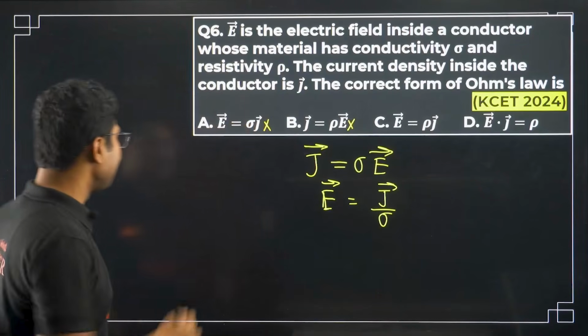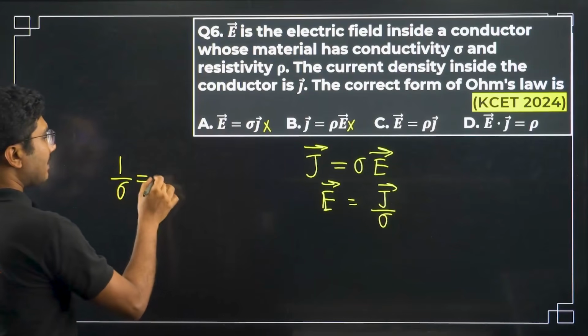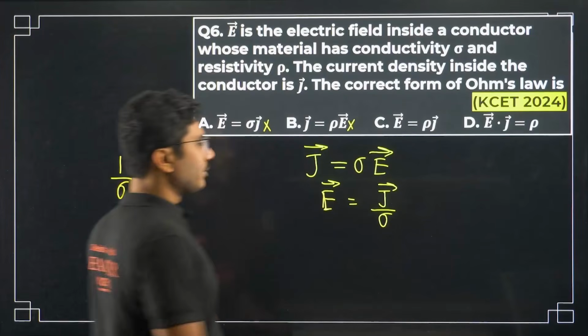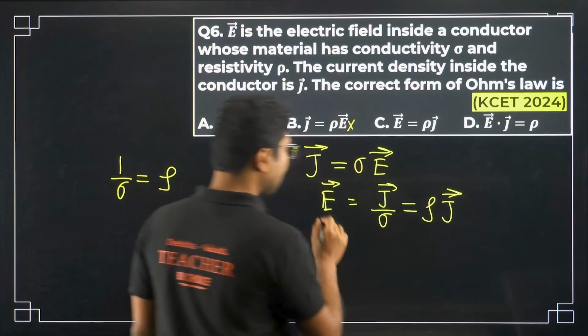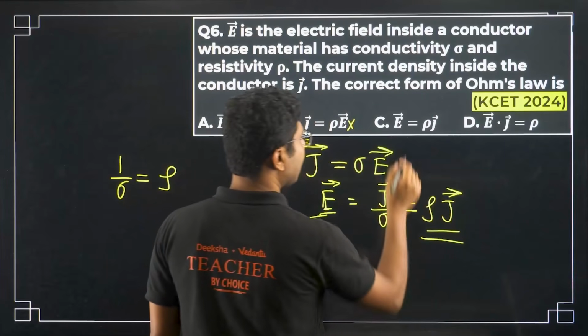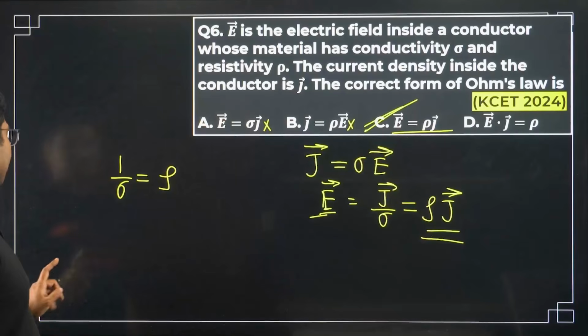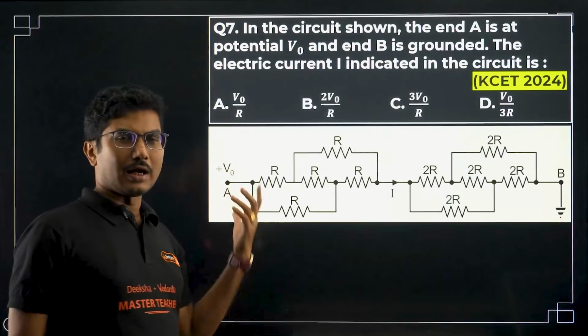Now, what is 1 by sigma? Sigma is conductivity, so 1 by sigma is resistivity. Let's put that over here. We get rho J. So, electric field is equal to rho J. So, this is our correct answer. It's the same question, just asked a different way.